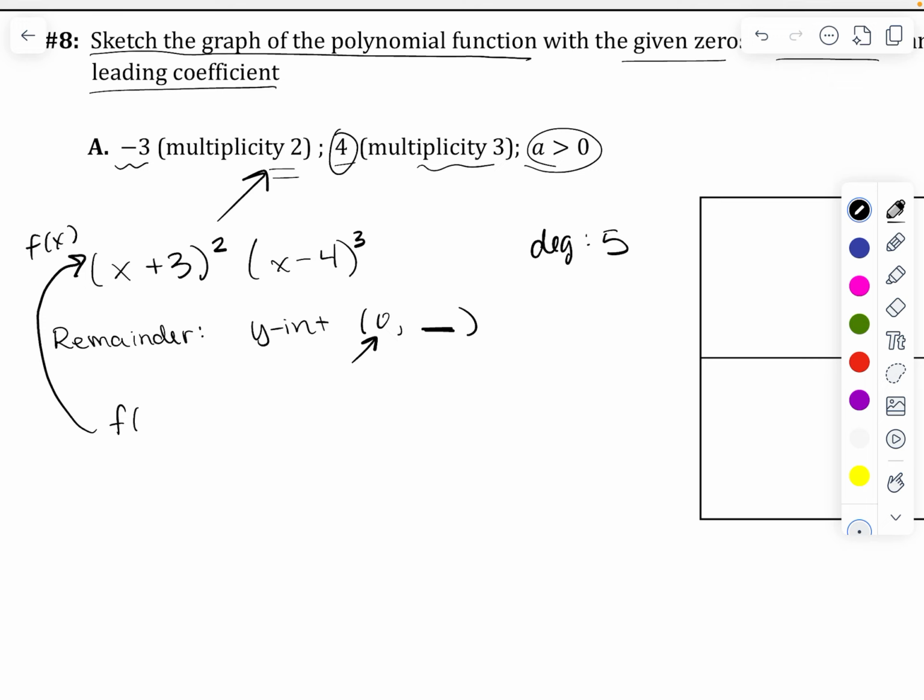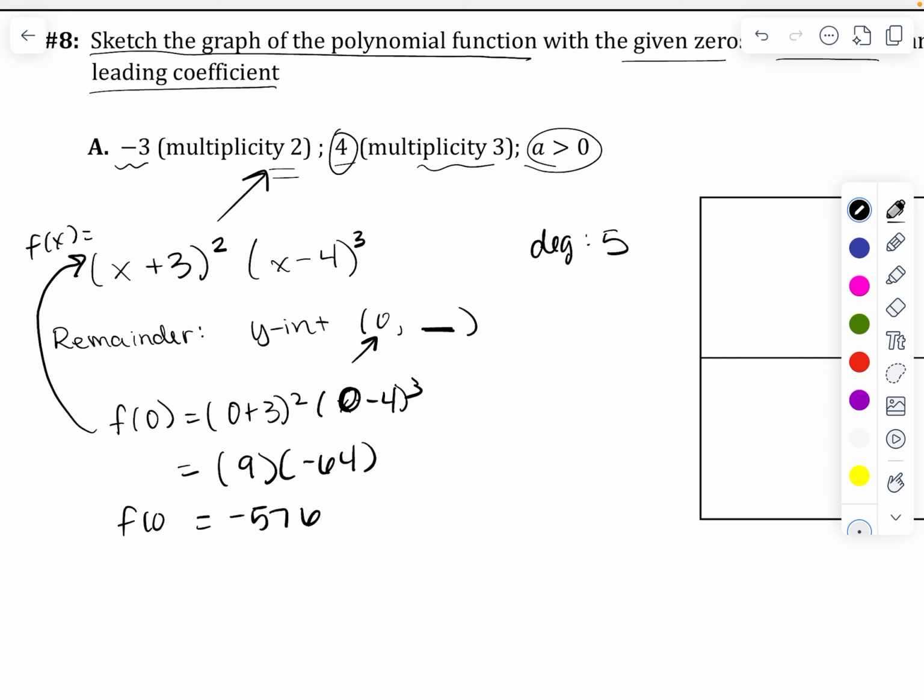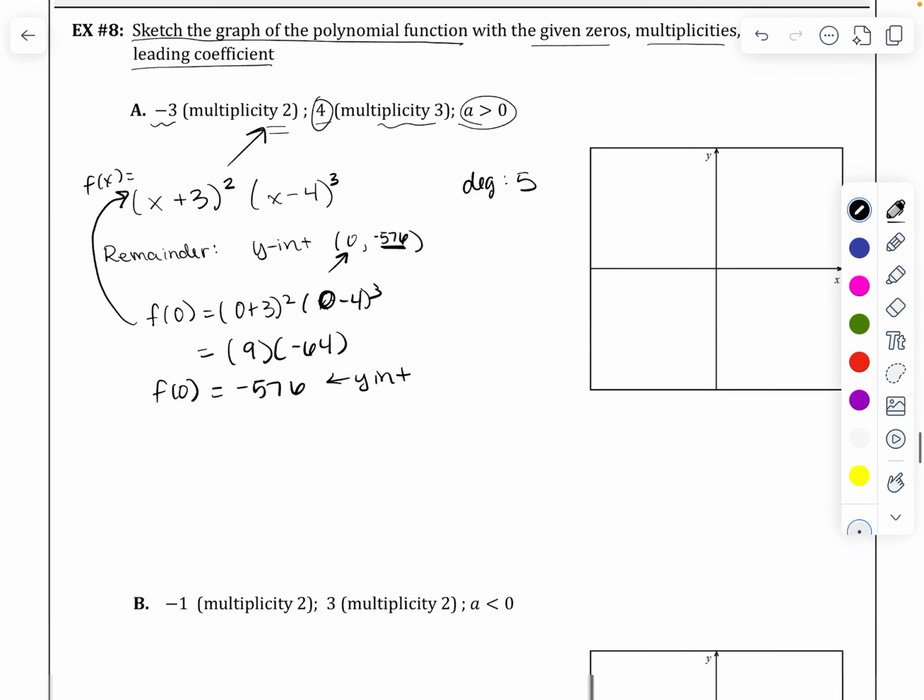If this is f of x, what's f when x equals 0? So if I go 0 plus 3 squared times 0 minus 4 cubed, I get 3 squared is 9, and -4 cubed is -64. If I multiply those two, I get -576. This gives me the y-intercept. So I can say that the y-intercept is 0, -576, which is really low.